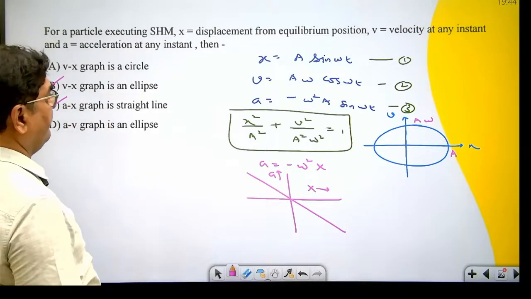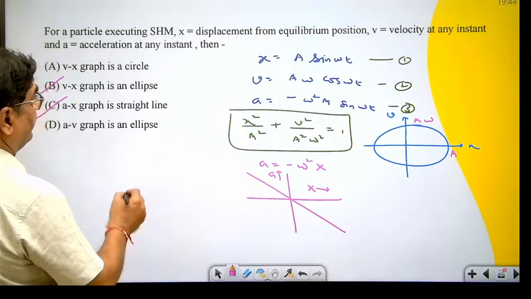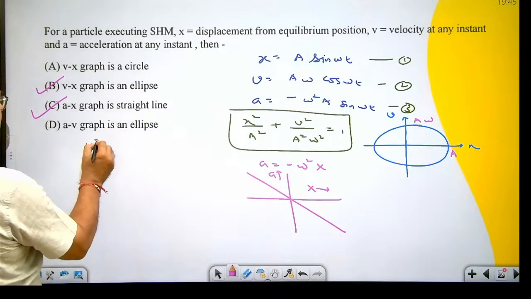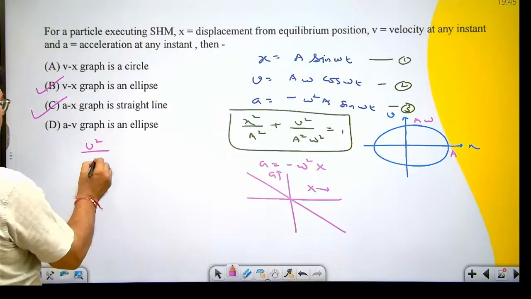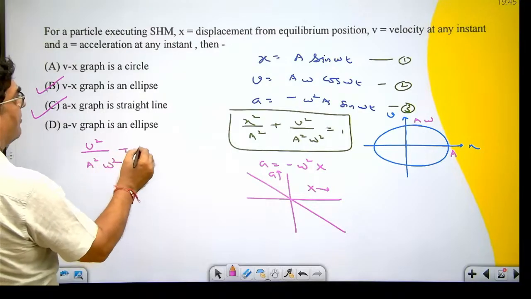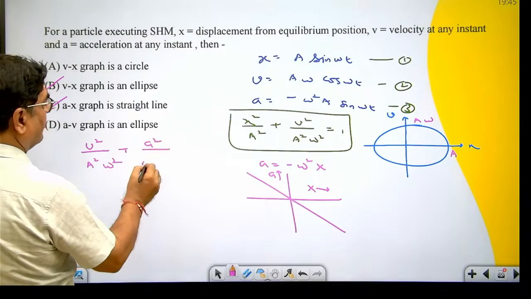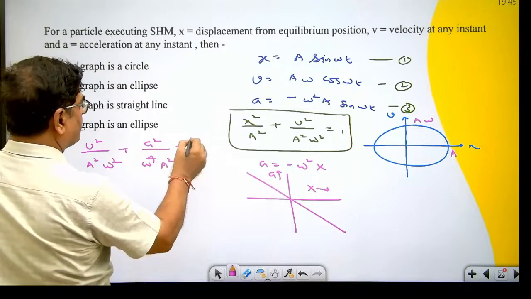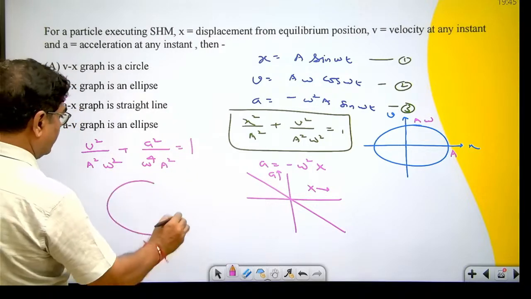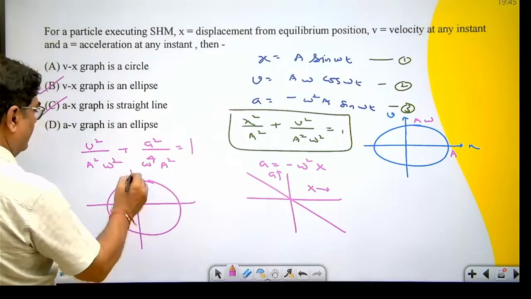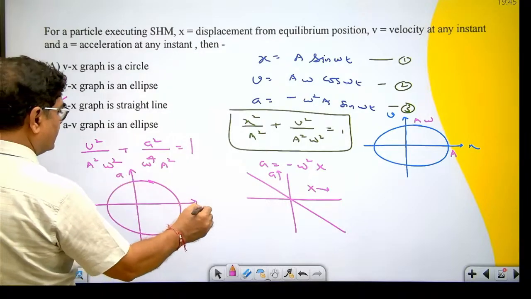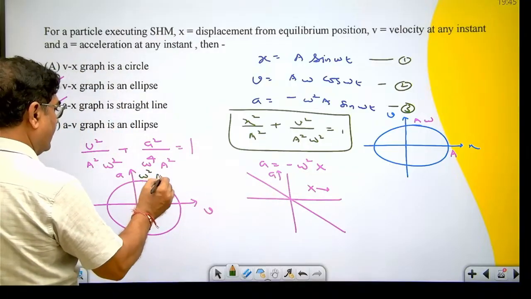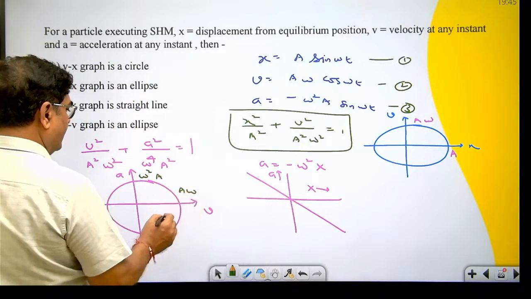And what about av? If you write this equation, make the square of equations 2 and 3, you will get v square upon A square omega square plus a square upon omega 4 A square. We know sine square omega t plus cos square omega t is 1. So this graph is again an ellipse, okay. This is acceleration and this is velocity. The maximum value of acceleration is omega square A. The maximum value of velocity is A omega, okay.